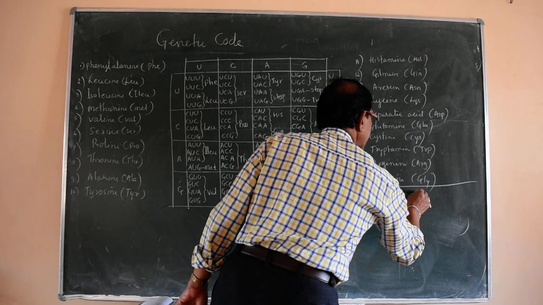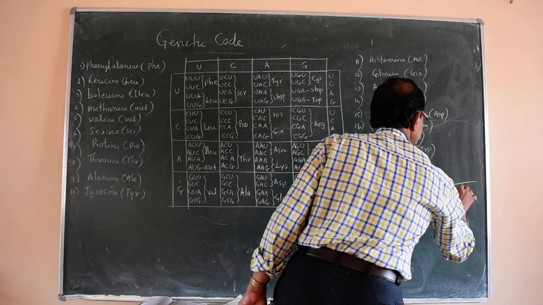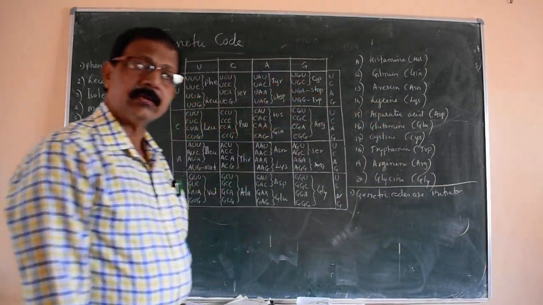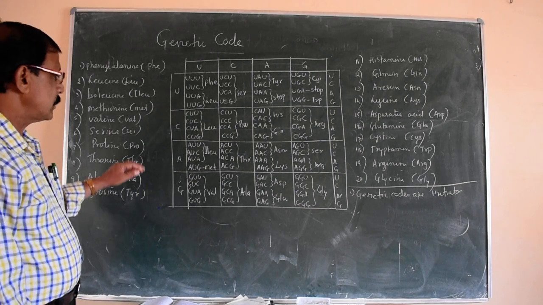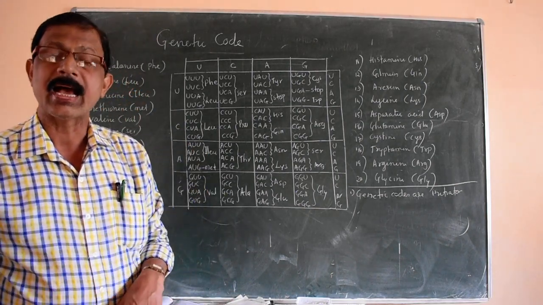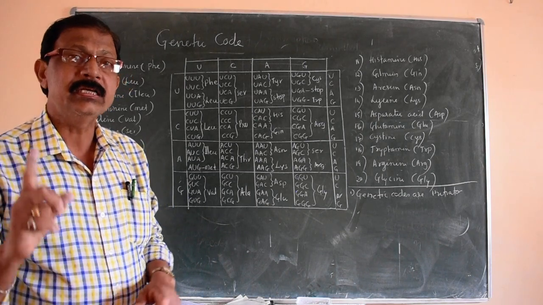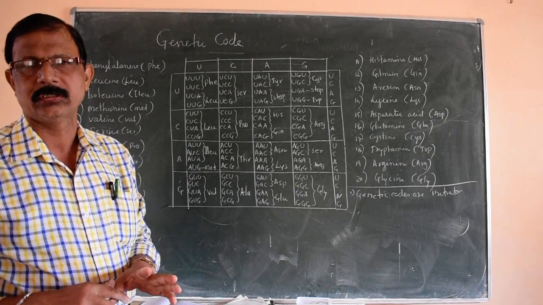So first, genetic codes are initiators. What is the genetic code as initiator? During protein synthesis there is always one codon that helps in the initiation of protein synthesis.